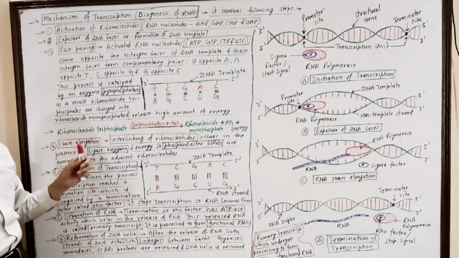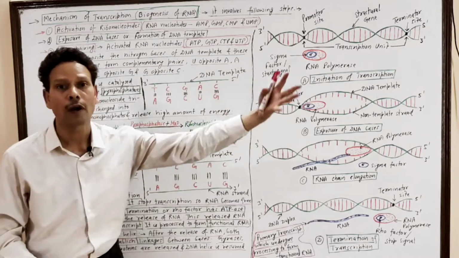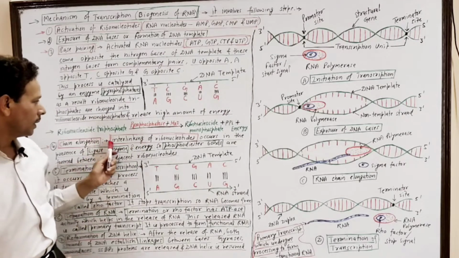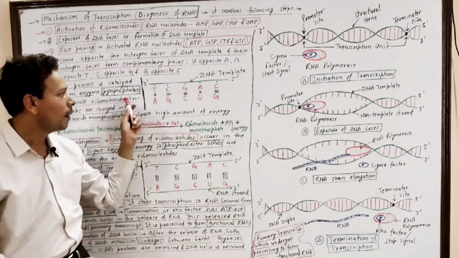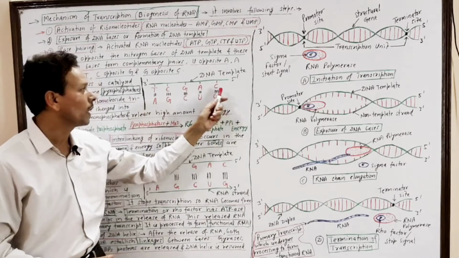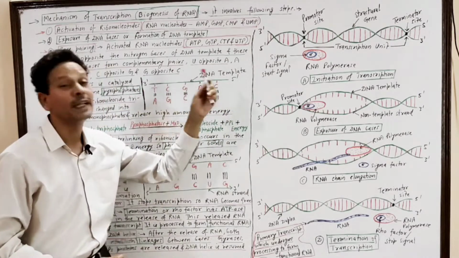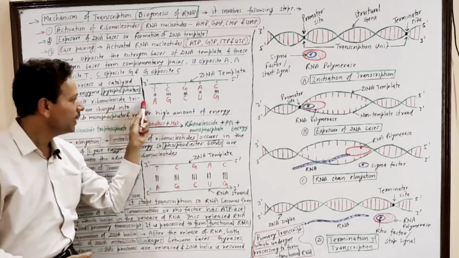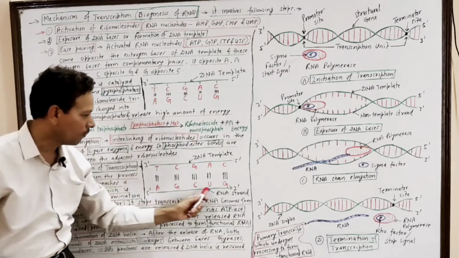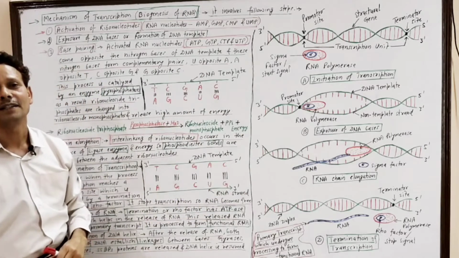Next step is chain elongation, RNA chain formation, or elongation of the RNA strand. After base pairing of nitrogen bases of these ribonucleotides with the nitrogen bases of the DNA template, interlinking occurs between these nitrogen bases of the RNA strand.